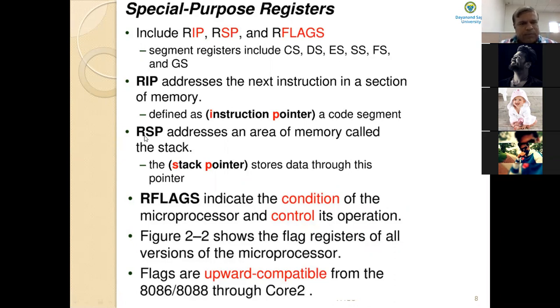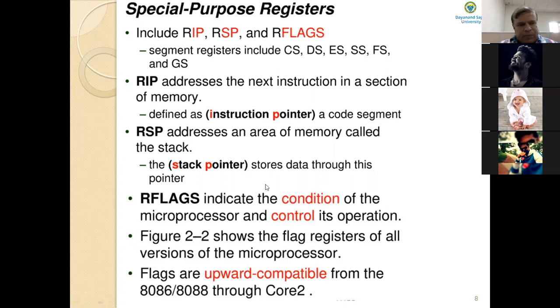So RIP can be used as, or addressable as, I said, 64-bit RIP, 32-bit EIP, or 16-bit IP register. Then the next special purpose register is RSP, which addresses an area of memory called the stack. As you know, stack memory is used to hold data and instructions temporarily.